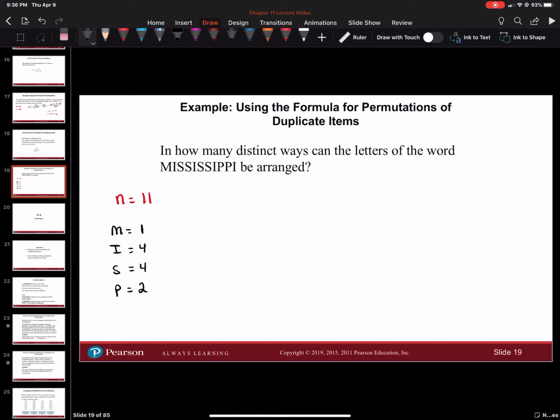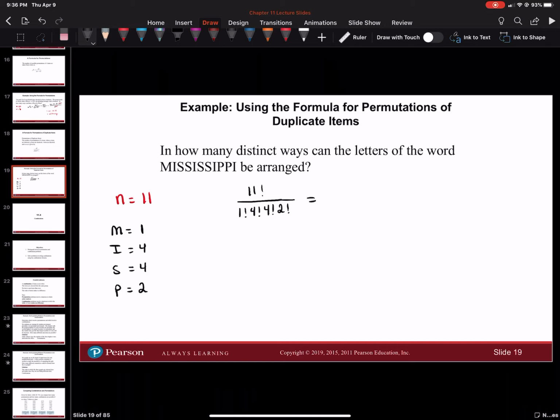So, when I do this, it's going to be 11 factorial over 1 factorial times 4 factorial times 4 factorial times 2 factorial. We already know that 1 factorial is 1.